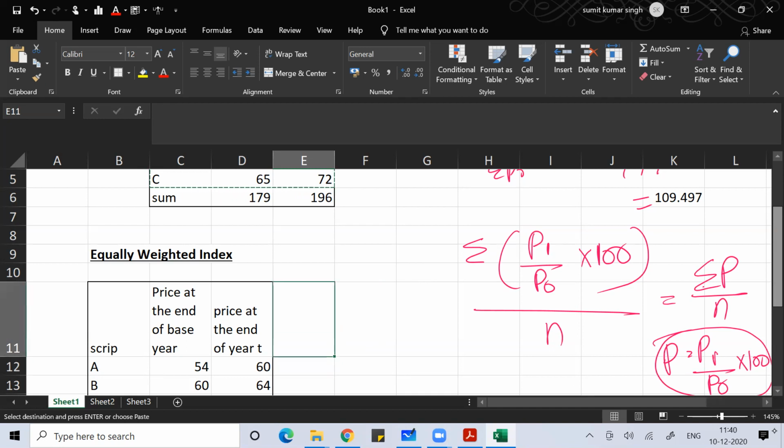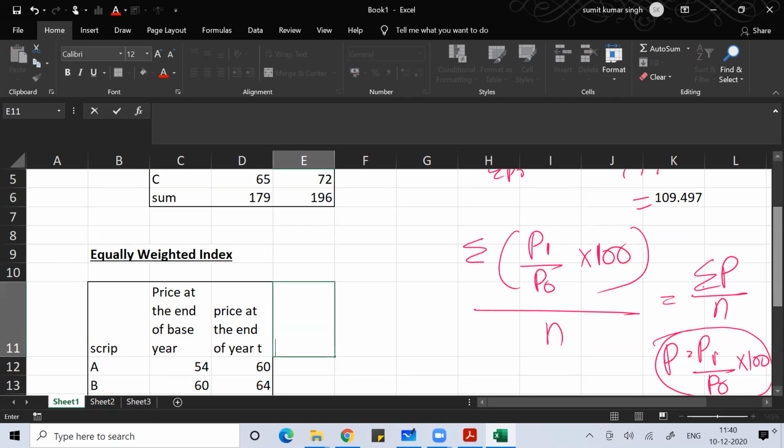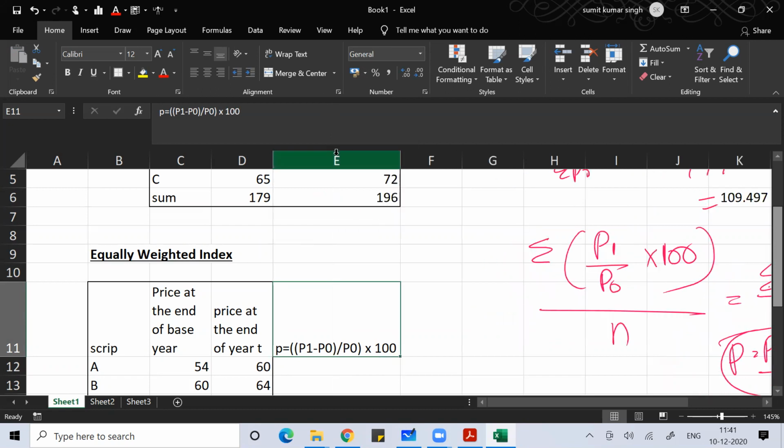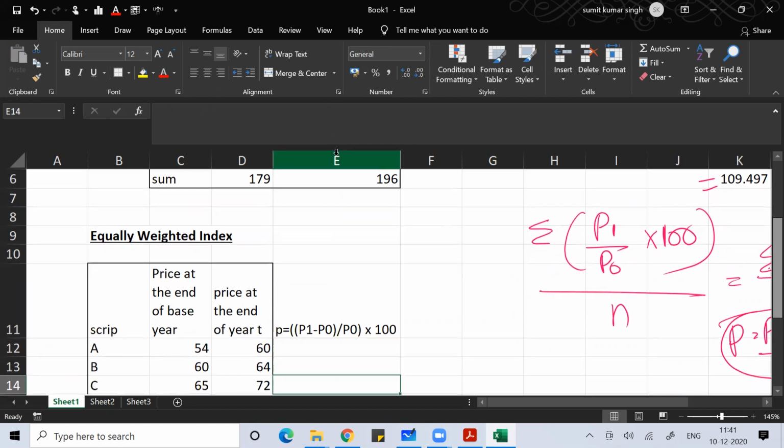Okay, so find P. So first find the P for the equally weighted index.